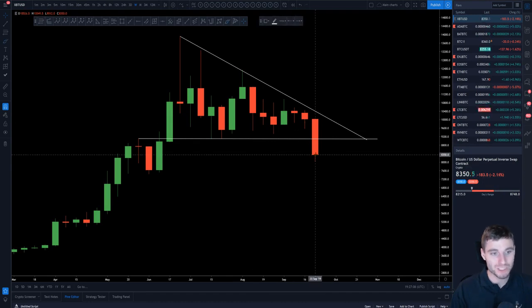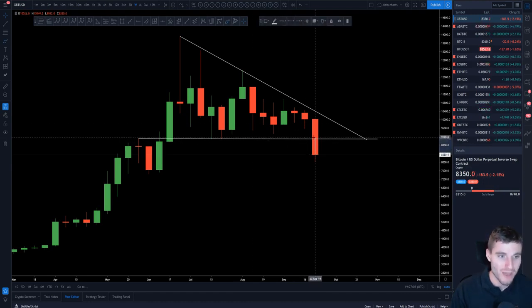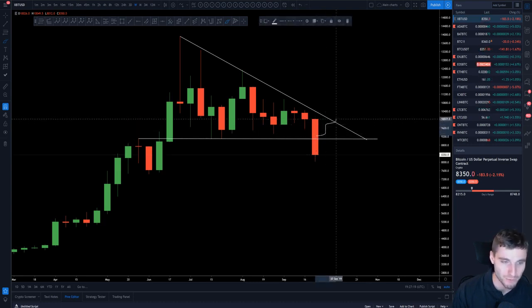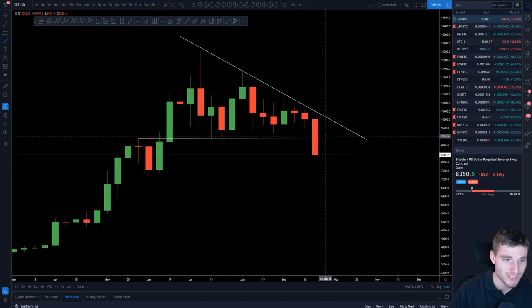I really want to stress, if you get a wick and you close your weekly above, let's just say 9,250, if this weekly candle closes above 9,250, it's very bullish. If it closes below, well, it's quite obviously bearish, okay?